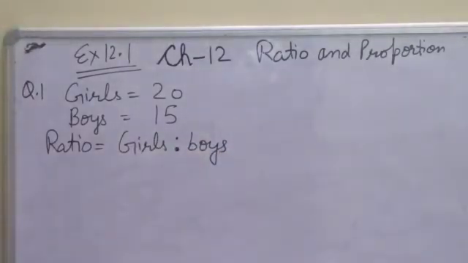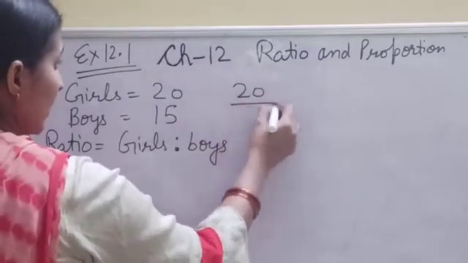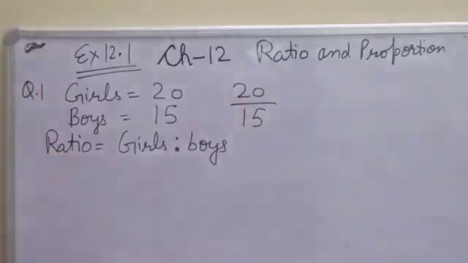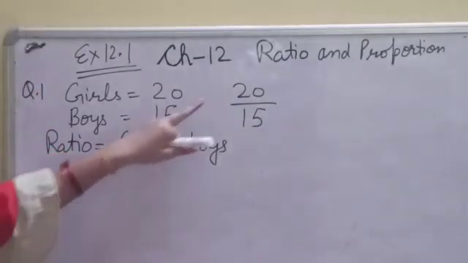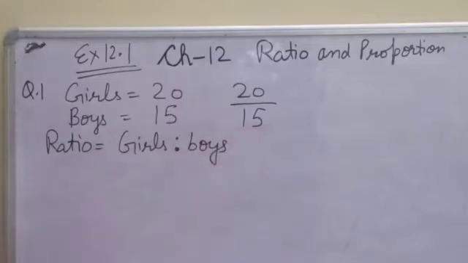So as in previous video we have said that in division format we will compare. So if you compare, you can write 20 by 15. First one will be as numerator, second one will be as denominator.